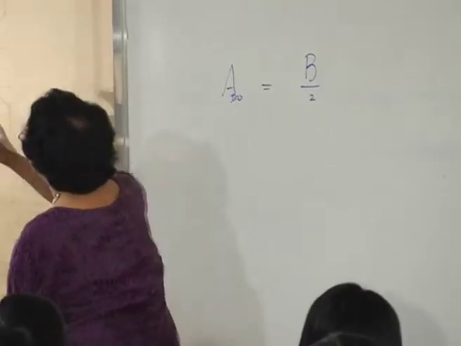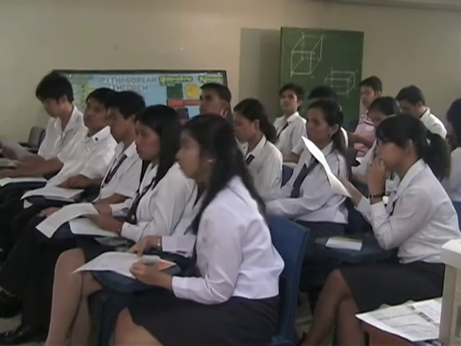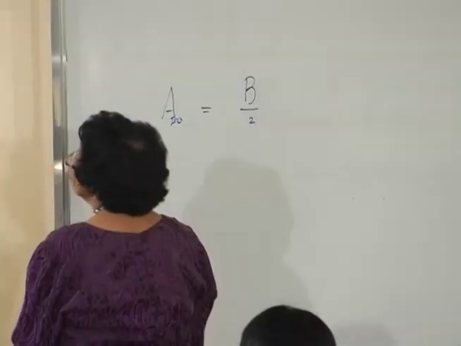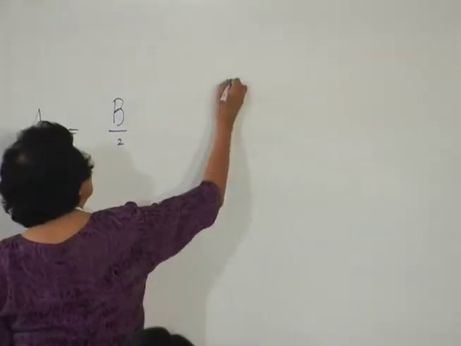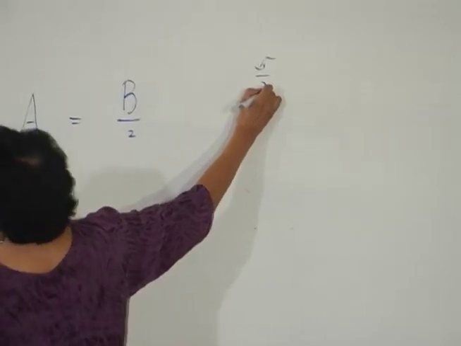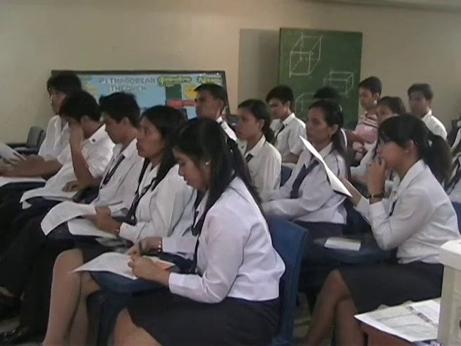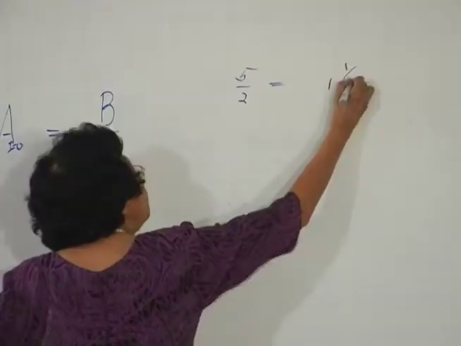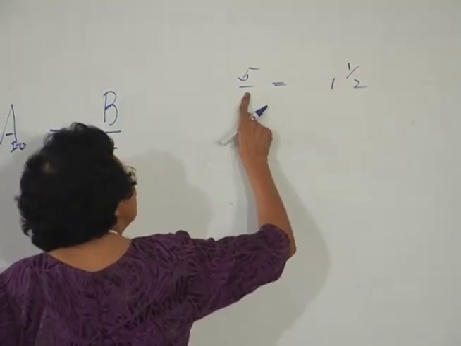Let's say, for example, number 2. How many boundary points? 5. Over 2. Right. But what is the area? It's 1.5. How will I arrive at this from this?